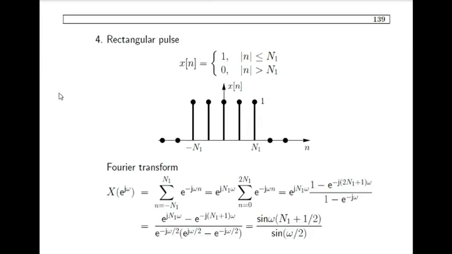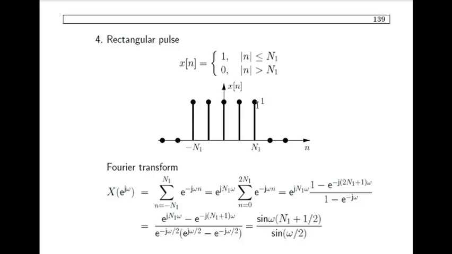The next example is the rectangular pulse. As you all know, a rectangular pulse is just a rectangle defined between two values on the curve. Here I have x of n equals 1 for mod n less than n1, and it is 0 for mod n greater than n1.